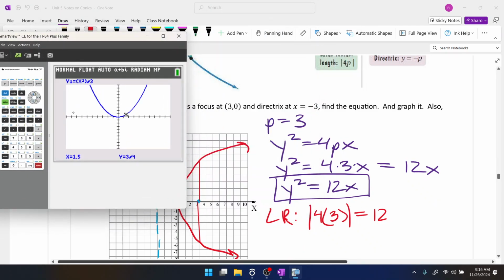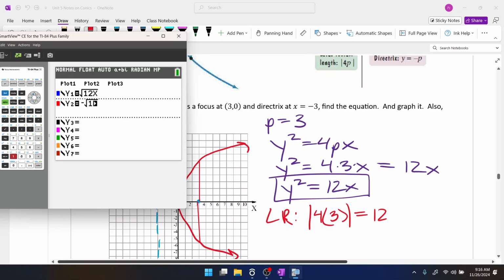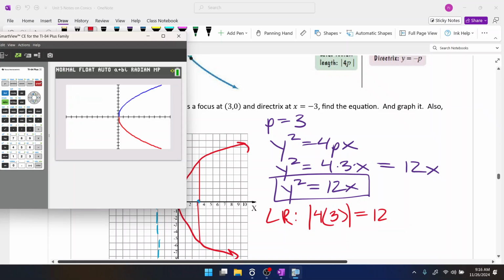If y squared equals 12x, one thing you can do here is solve this for y. You could take the square root of 12x, the positive square root of 12x and the negative square root of 12x.